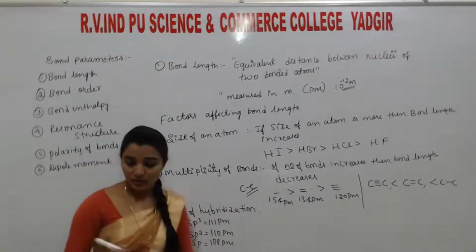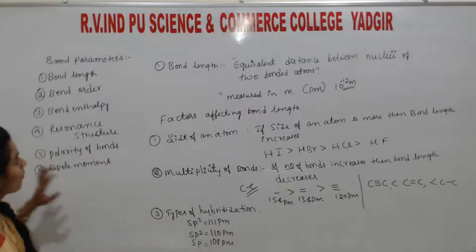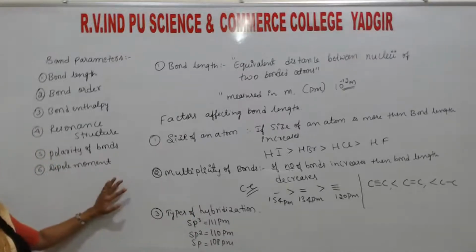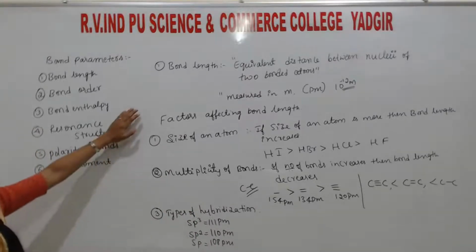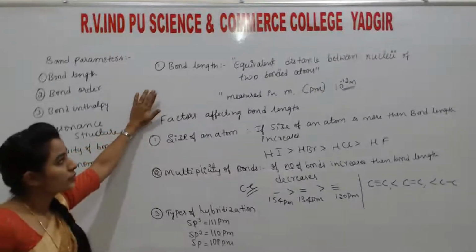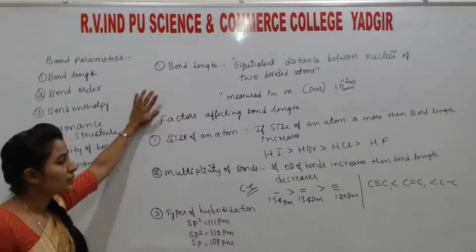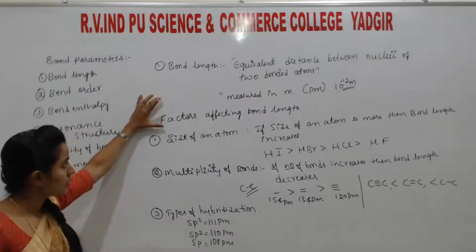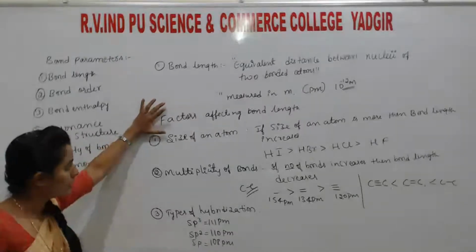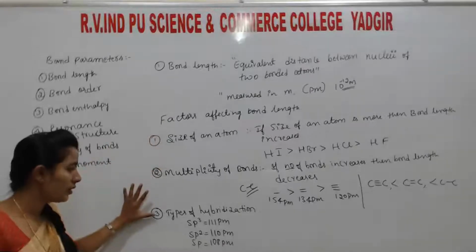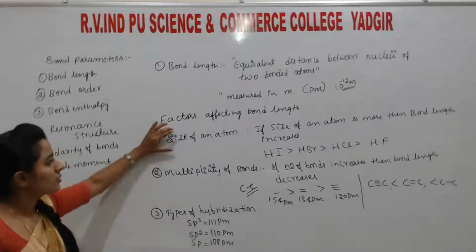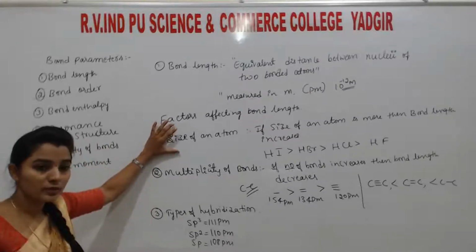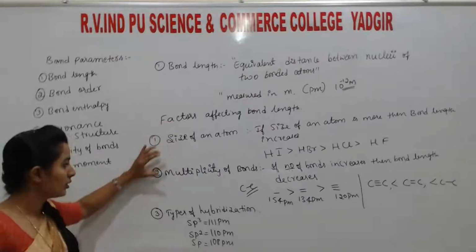Are you getting? So this is all about bond length. So bond length means what? It is the equilibrium distance between nuclei of two bonded atoms. So it is measured in picometers. So factors affecting the bond length are size of an atom, multiplicity of bond, types of hybridization. So in size of an atom, if the size of atom is more, then the bond length is more.